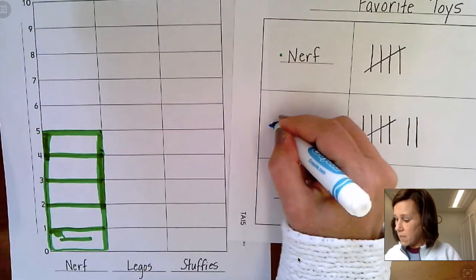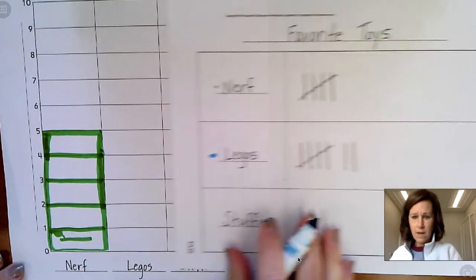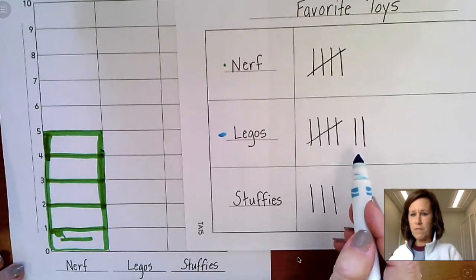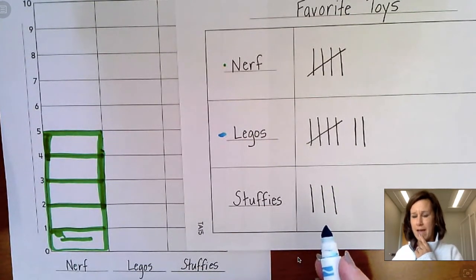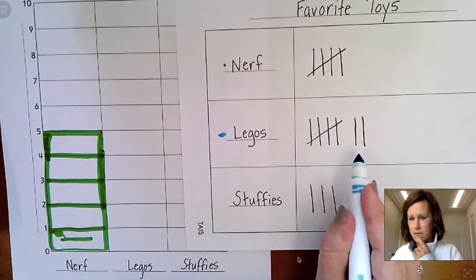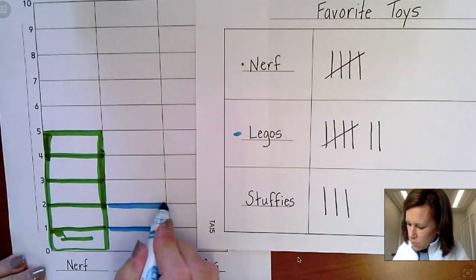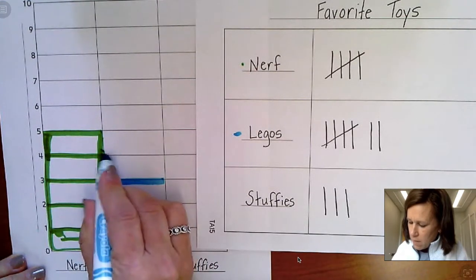Next, I'm going to look at the Legos. How many Legos were the favorite toys of the people I asked? 5, 6, 7. So I'm going to go 1, 2, 3, 4.